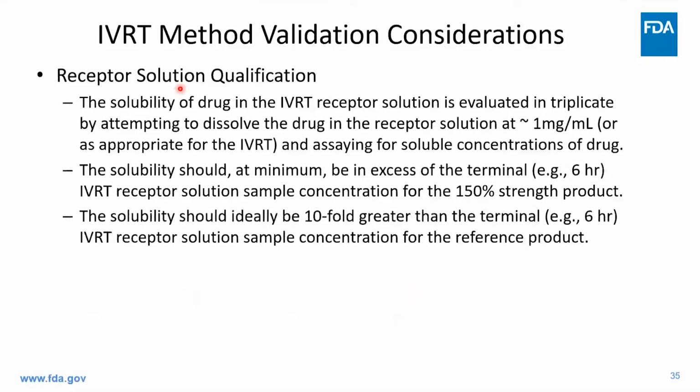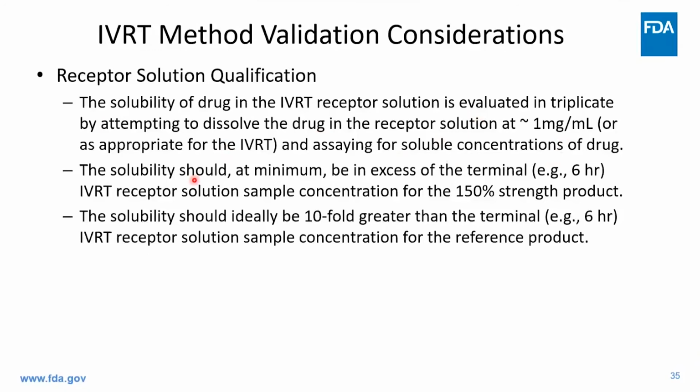In terms of the receptor solution qualification, the solubility of the drug in the IVRT receptor solution is evaluated in triplicate by attempting to dissolve the drug in the receptor solution, typically at a high concentration, like mg per mL or whatever is appropriate for your IVRT method, and then assaying for the soluble concentration of the drug, the saturation solubility.